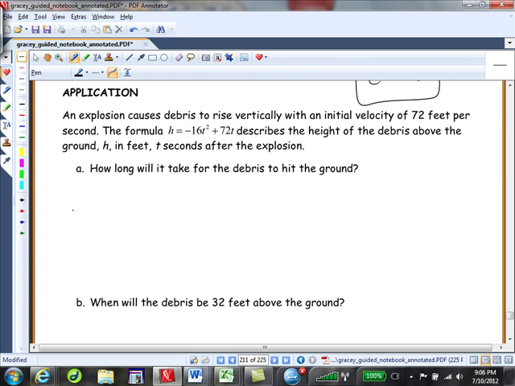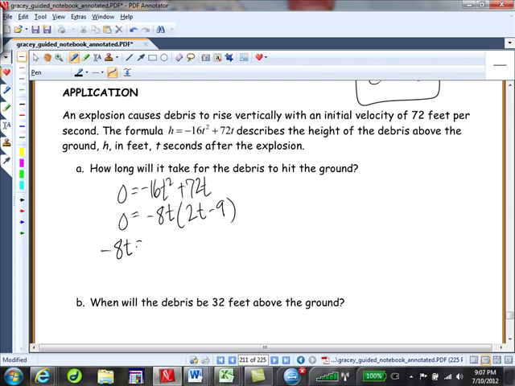Okay, so at height 0 is when you hit the ground. So the way we would set this up is that we would say 0 equals negative 16t squared plus 72t. So 0 equals, I'll factor out a negative 8t, and I'll be left with 2t minus 9.